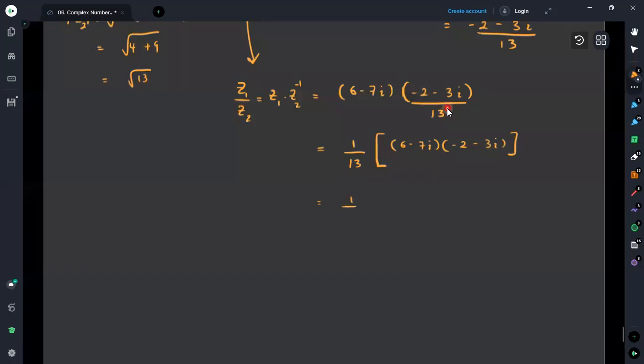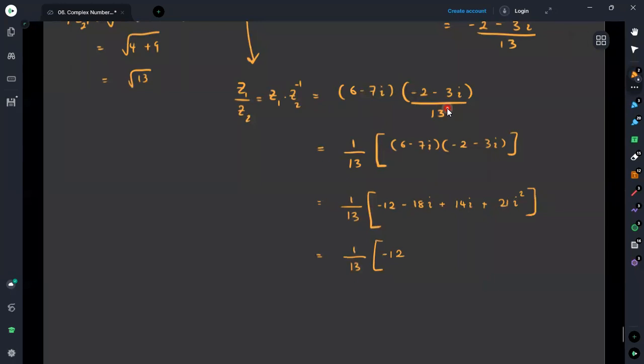Now once you perform the calculation, 1 over 13, here we get 6 times minus 2, which is minus 12, then 6 with minus 3i, minus 18i. Then plus 14i, then plus 21 i squared. But i squared can be written as minus 1. Then we compute 1 over 13 times: minus 12.